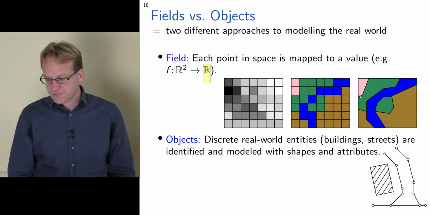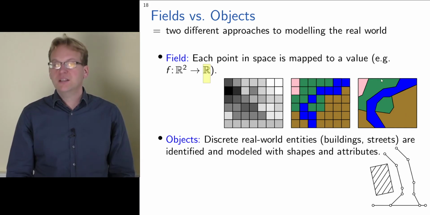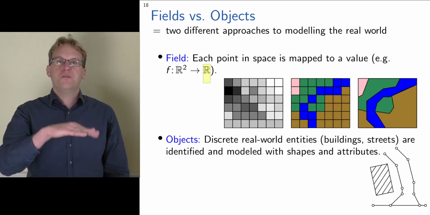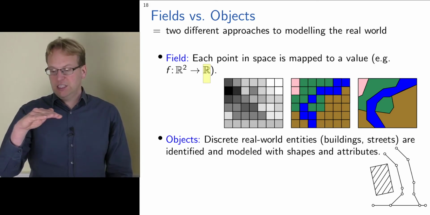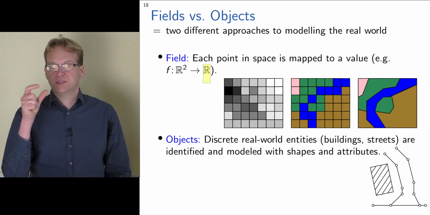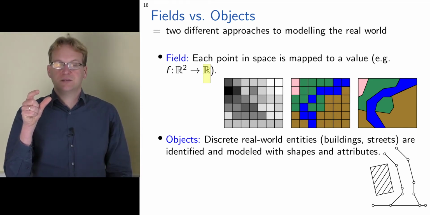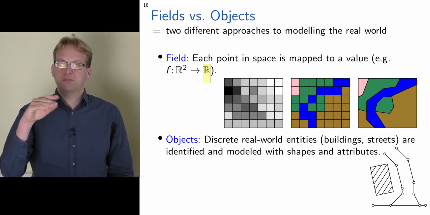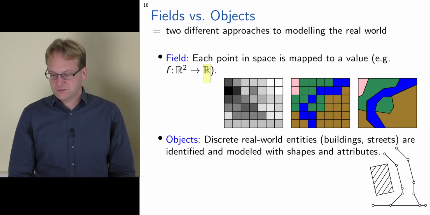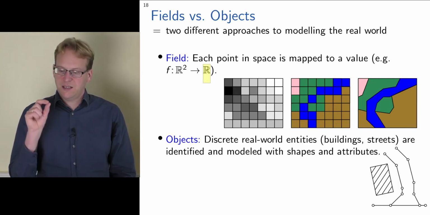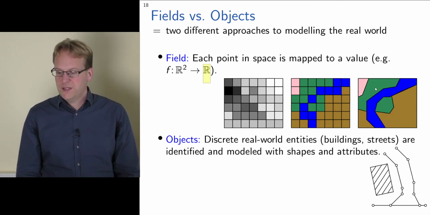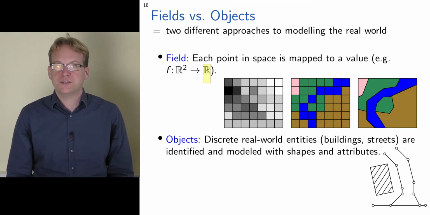However, we may also think of a partition of the plane into polygons, each of which has a single value, for example land use type. Again, for every point in the plane we have precisely one land use type.